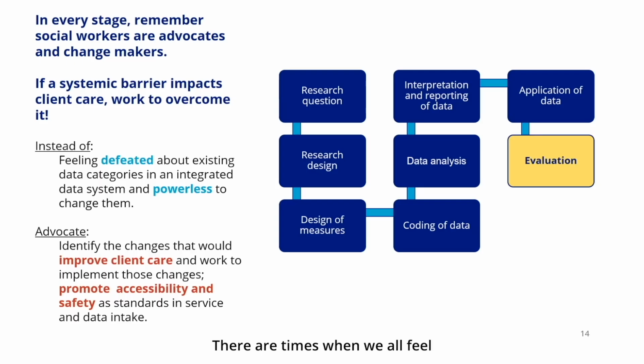There are times when we all feel defeated and powerless to change things. However, instead of feeling defeated about existent data categories that are imperfect in the administrative data, we can use our knowledge and tap on the knowledge of people represented in the data to identify and advocate for changes that would improve client care and work to implement those changes.